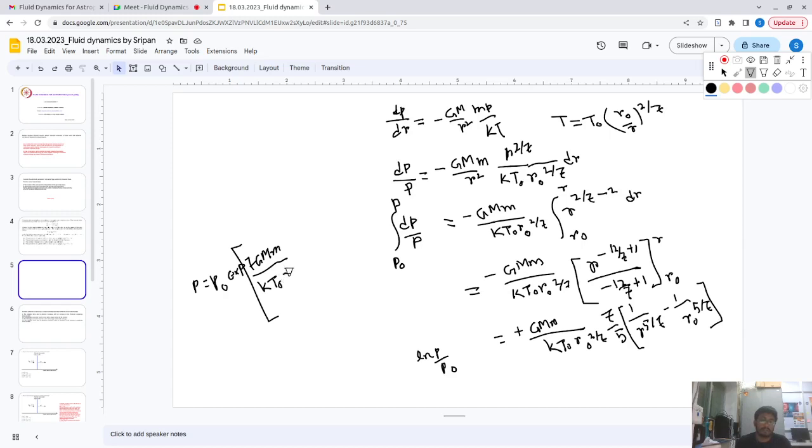So if you have here r naught, that means you are multiplying it by r naught to the power 5 by 7. So that is like this, r by r naught, right, minus 5 by 7, and this should be a minus 1. Okay, so this will be your answer for this question.